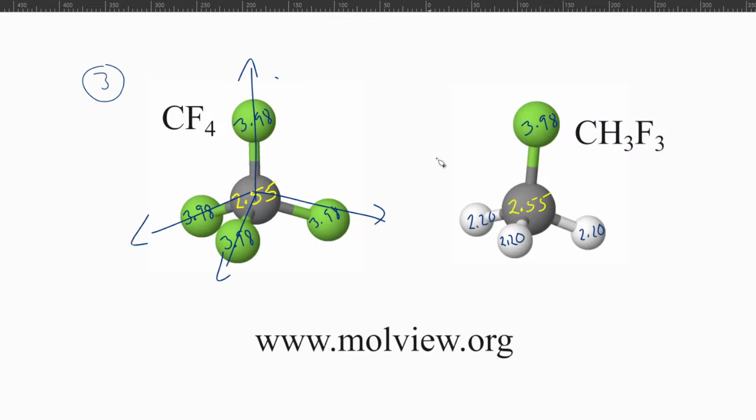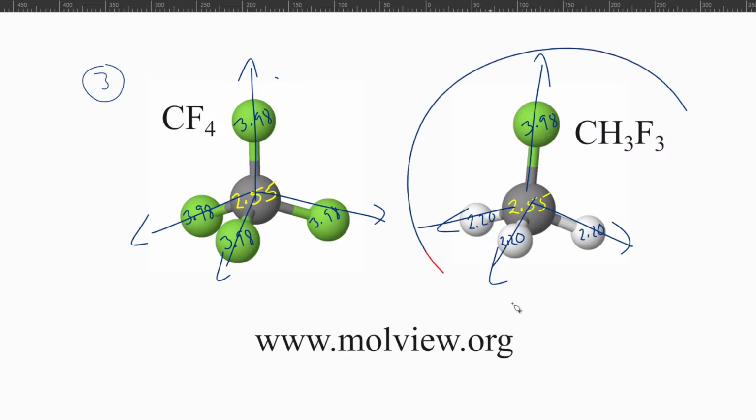Here, it's not as big a difference, but we have a very different shape. This is not symmetrical. So because it's not symmetrical, this is our polar molecule, because we have this negative up here and then these down here that are different. So you can look at the bond polarity, but then you have to look at whether it's symmetrical or not.